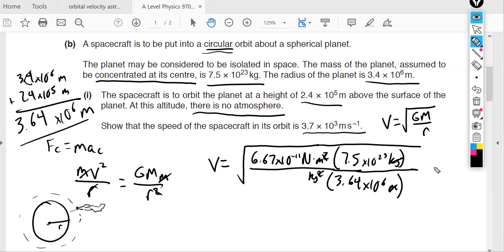So a newton meter per kilogram, I'm going to write this off to the side, it should give us meters squared per second squared, because once we take the square root of these units, it's got to give us meters per second, right? This is just a quick check to make sure this should work out. A newton is a kilogram meter per second squared because of Newton's second law. This tells us that a newton of force is equal to a kilogram of mass times a meter per second squared of acceleration.